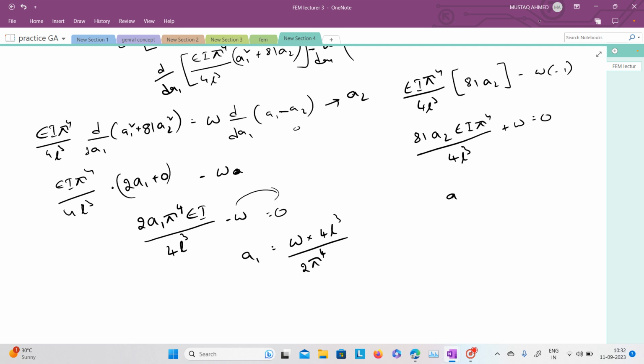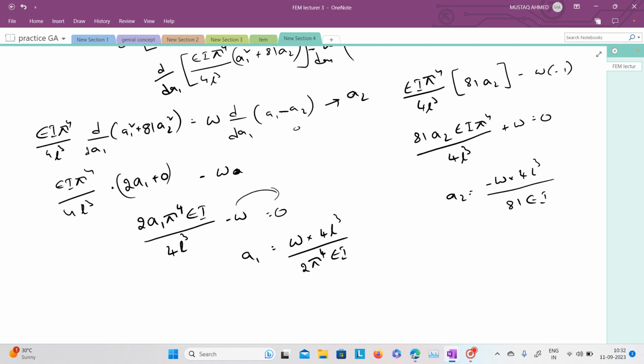Therefore, A2 equals minus W into 4L cube divided by 81 EI pi power 4. Sorry, here I forgot EI.